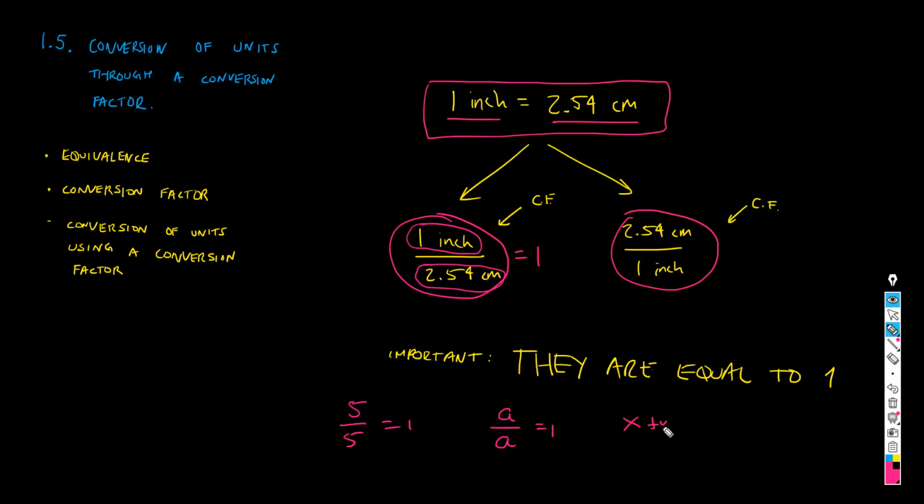Whenever you divide something over its equal, you will get 1. And that's exactly what happens here. We are dividing a quantity over its equal expressed in another unit, so we should get 1. Okay, so that's what a conversion factor is. And now let's start converting units using conversion factors.